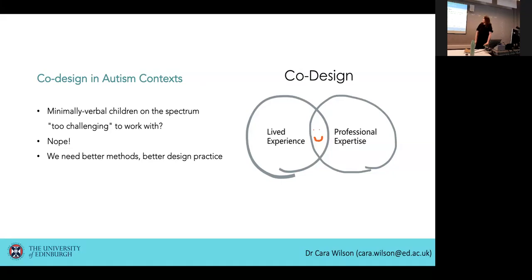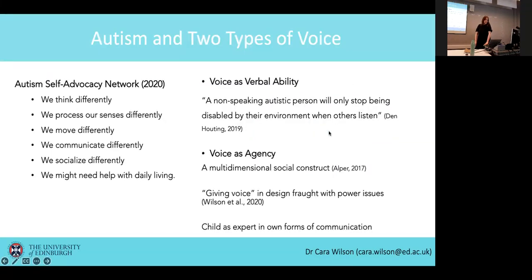Just a little note on terminology before I begin. I'll be talking about the children that I work with as children on the autism spectrum or autistic children, because those are the preferred terms in the communities of participants I was working with. There's obviously lots of debate on different types of terminology, which is usually very interesting to hear about. I wanted to set the precedent by using this definition, which has been written by autistic individuals themselves, by the Autism Self-Advocacy Network.